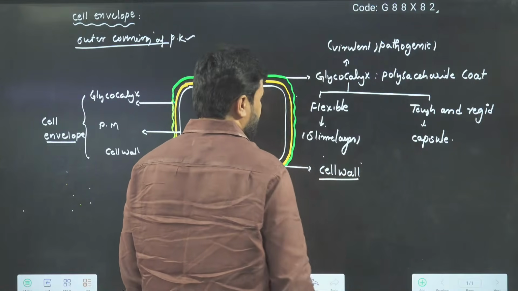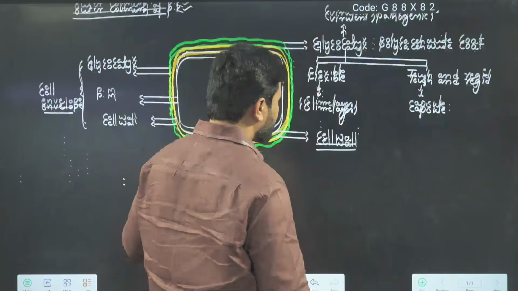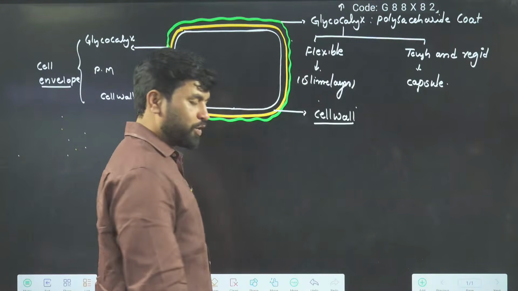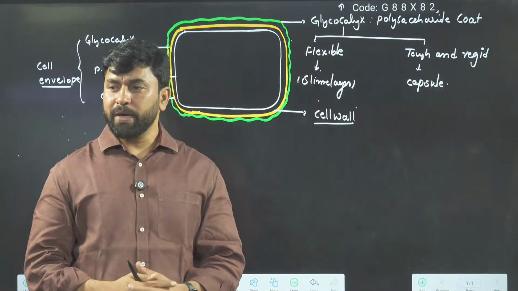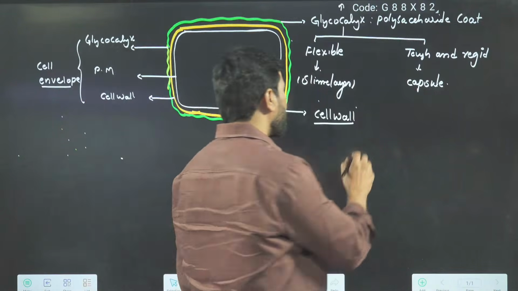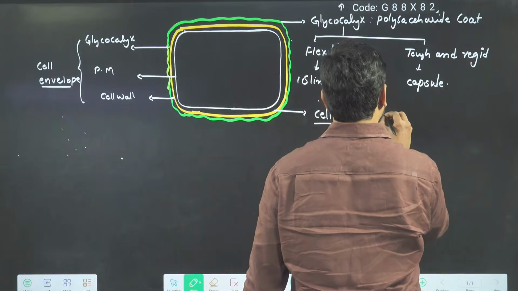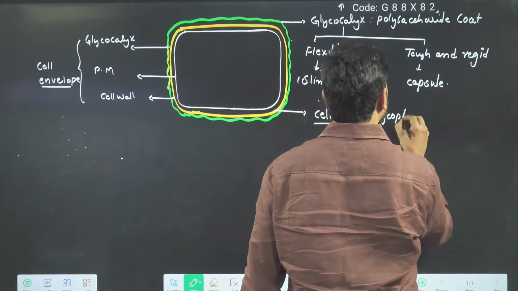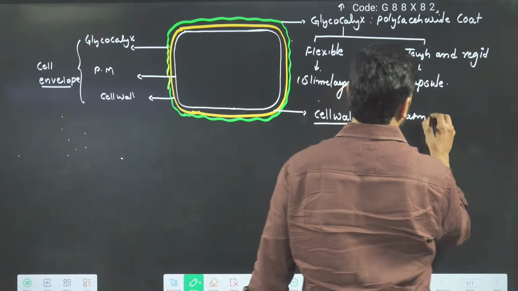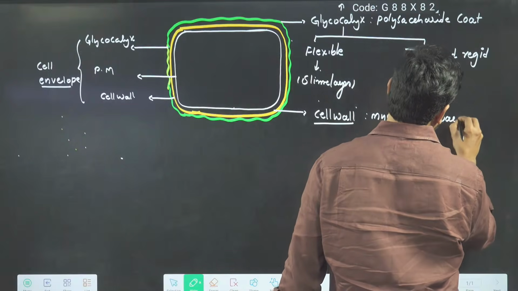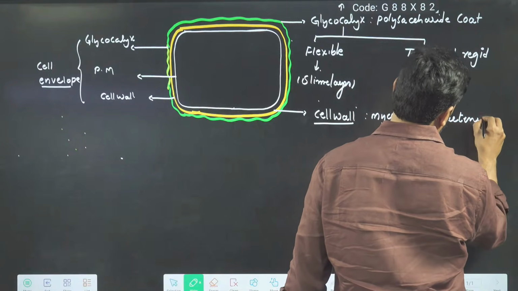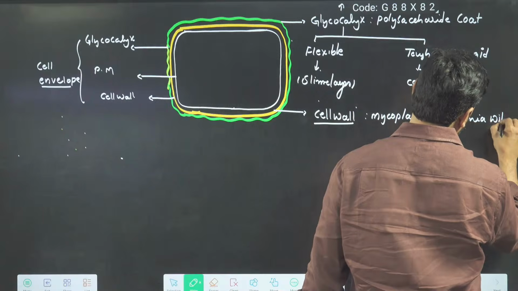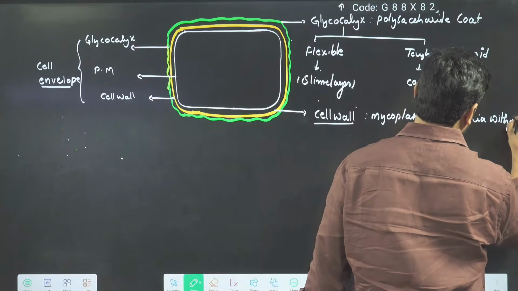First question, do all bacteria have a cell wall? No. There is a group of bacteria known as mycoplasma, which is the bacteria without a cell wall.